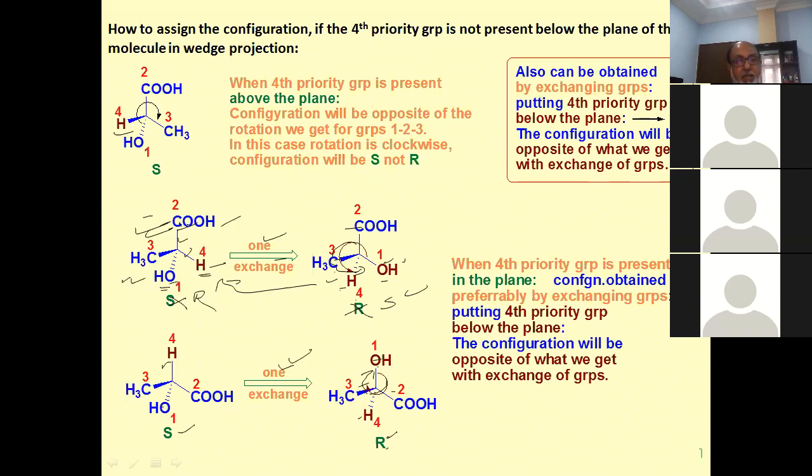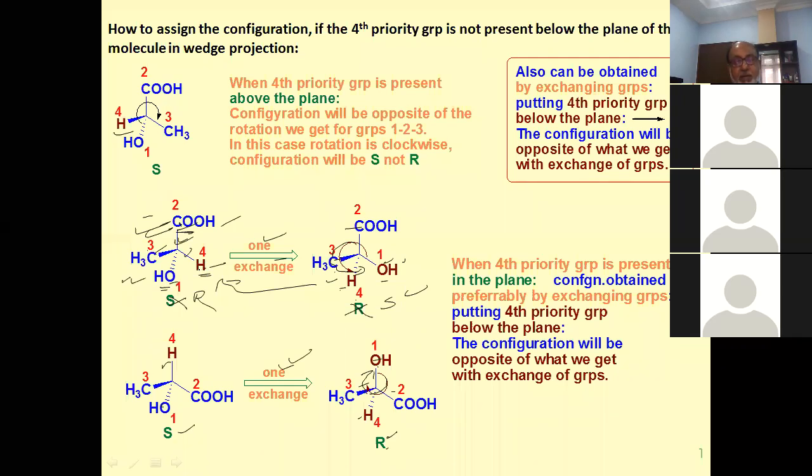I will not exchange with COOH because COOH is also in the plane. I may exchange with this one. Same result I'll get. Sorry, I have to look in this structure for the group which is at the backside.